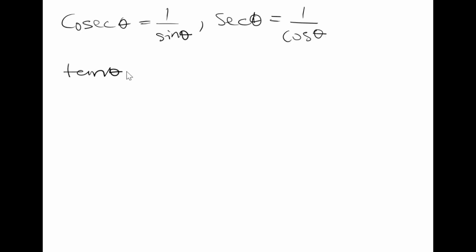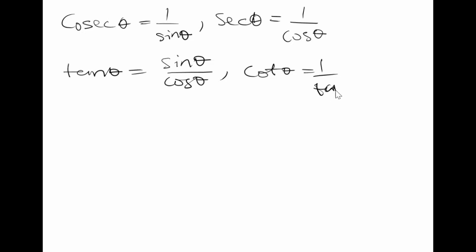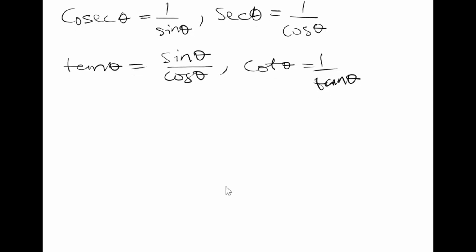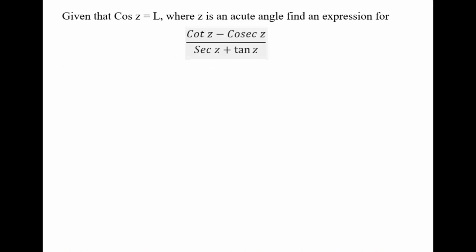Tan theta is the same thing as sin theta over cos theta, and cot theta is equal to 1 over tan theta. We will make use of these trigonometric ratios to solve our question.